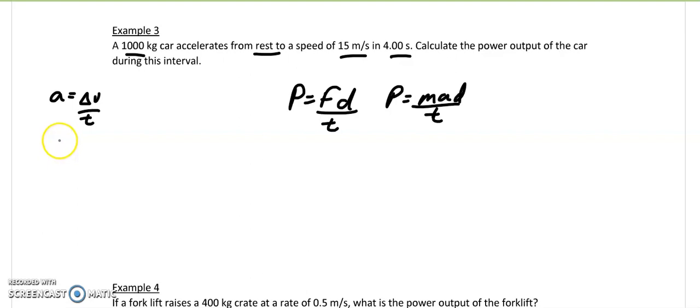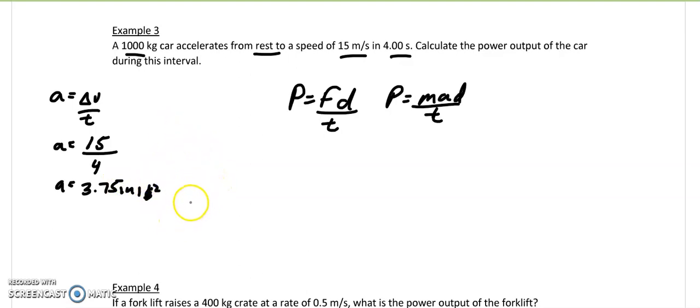we've got a change in velocity, we've got time, so we should be able to find that acceleration. That change in velocity going from rest to 15 meters per second is a 15 meter per second change over 4 seconds, which means that this is going to be a 3.75 meters per second squared acceleration.